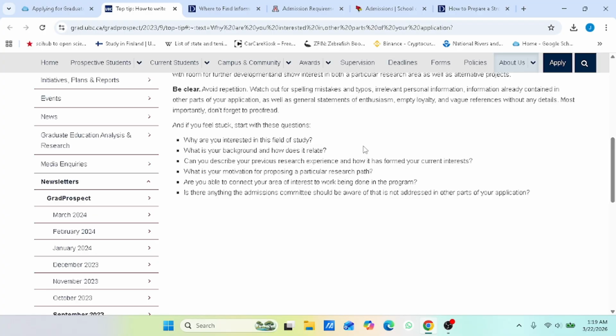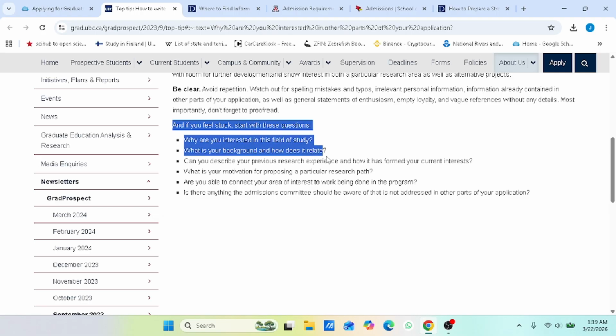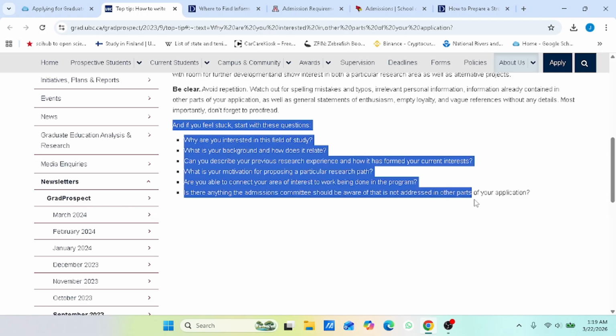Yes, you can see here. And if you feel stuck, start with these questions. That is, if you feel stuck while you're writing this essay that they have suggested above.